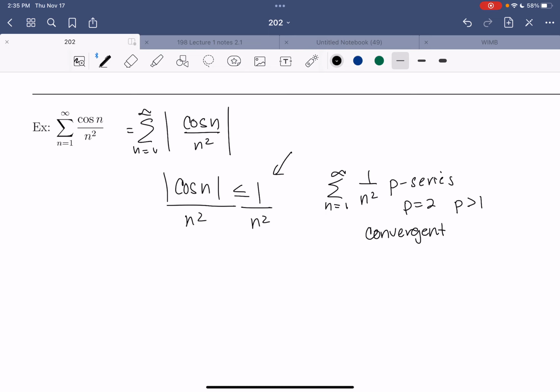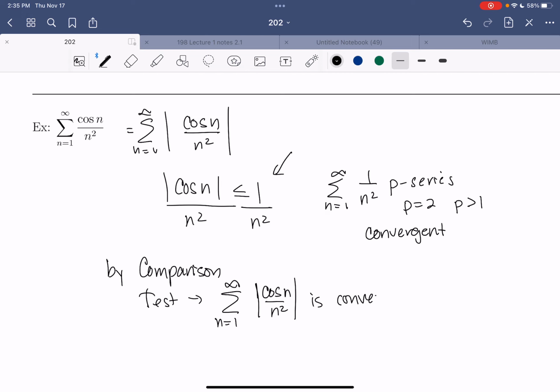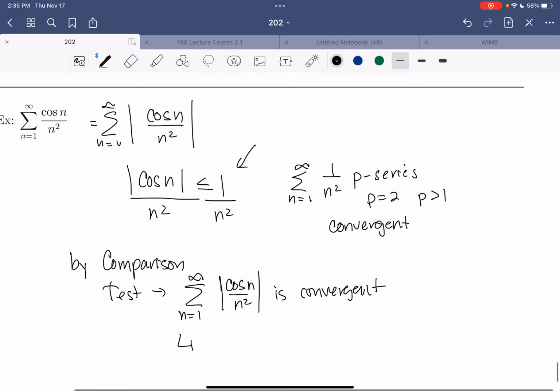So this is convergent. So the absolute value of cosine n over n squared is less than or equal to a convergent series. And so by the comparison test, my series, n equals 1, I don't know where the 0 came from, of the absolute value of cosine n over n squared is convergent, which means that the series n equals 1 to infinity of cosine n over n squared is absolutely convergent.